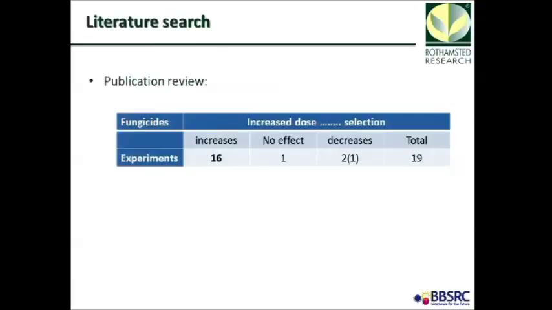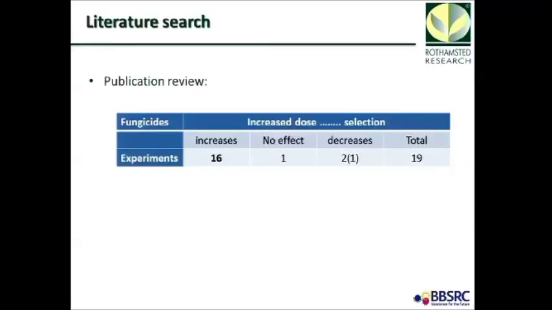So I should say that this work is building on work which Frank van den Bosch, who was going to be doing this talk, has done on fungicides. And in fungicides, their modelling suggests that increasing dose pretty much always increases selection. And they did a publication, a literature review, to see how the experimental work corresponds to their hypothesis.